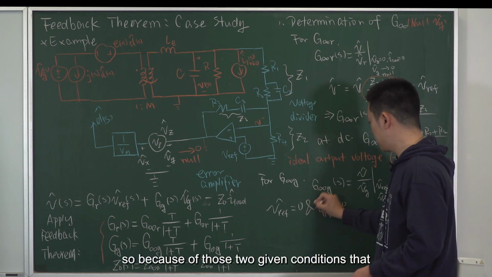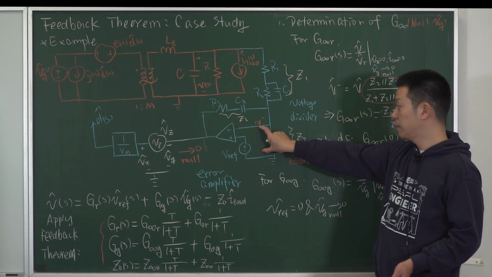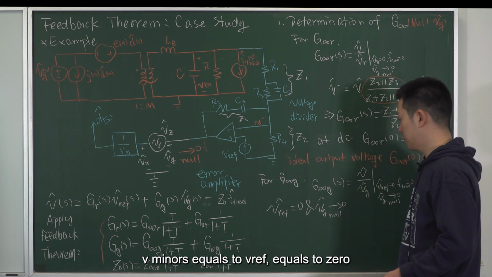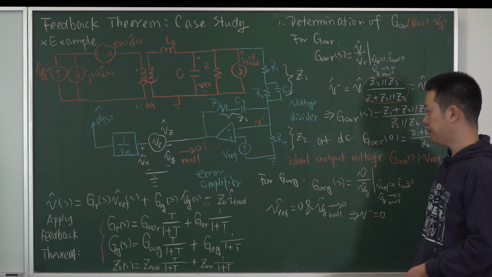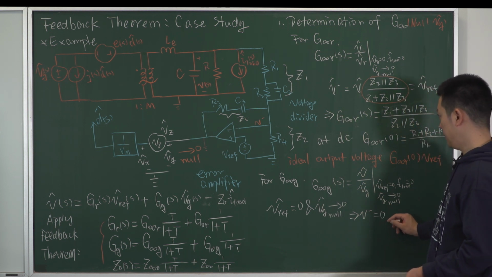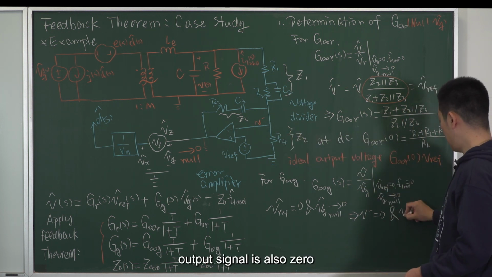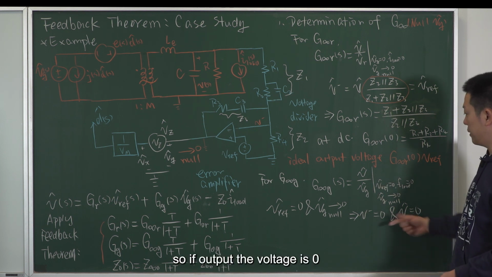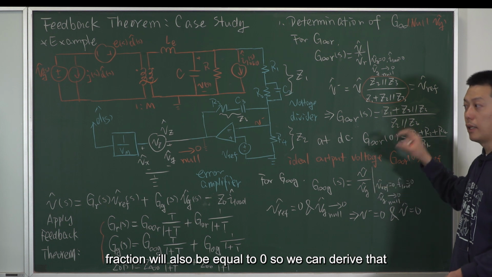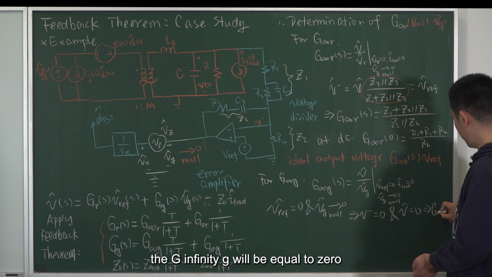Because of those two given conditions, we can easily derive that V minus equals V reference equals 0. If V minus is 0, then the output signal is also 0. If the output voltage is 0, then this fraction will also be equal to 0. So we can derive that G infinity G will be equal to 0.